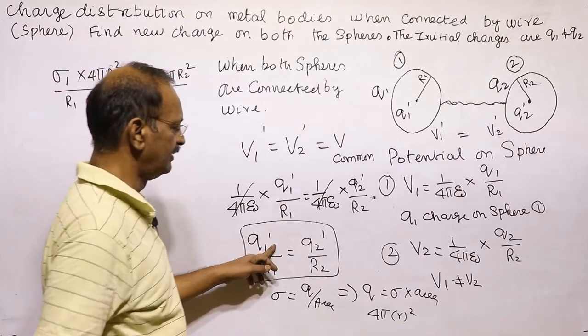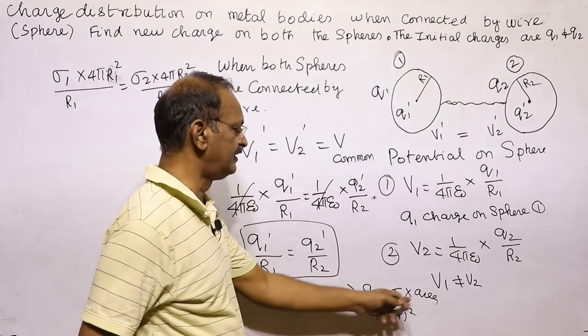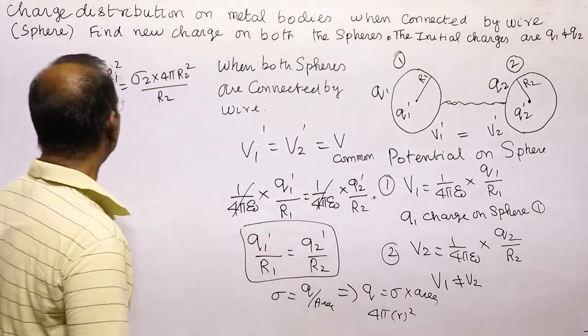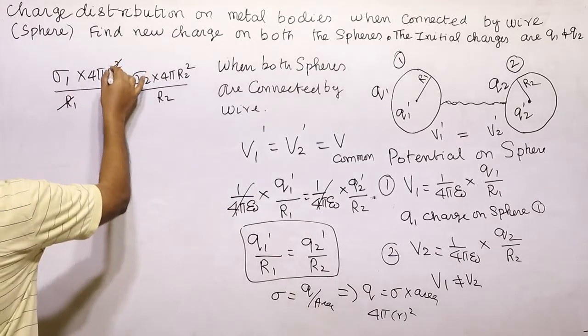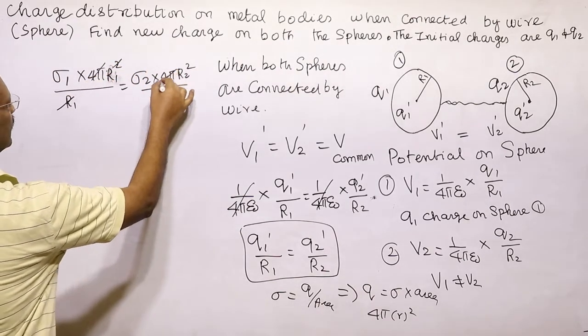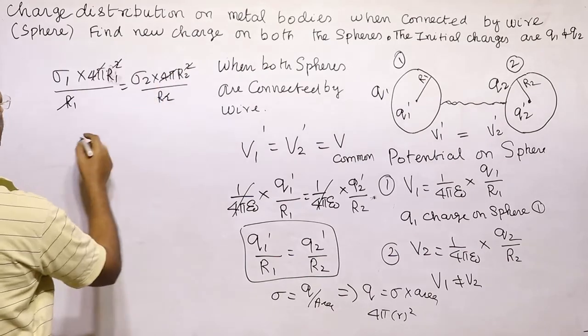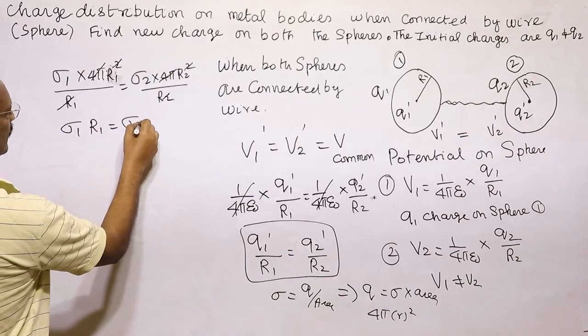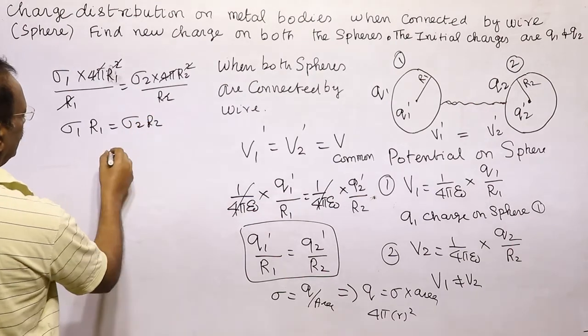We are substituting surface charge density into area for the first and second sphere. The 4 pi terms cancel, and one R cancels on each side. That means sigma 1 into R1 is equal to sigma 2 into R2.